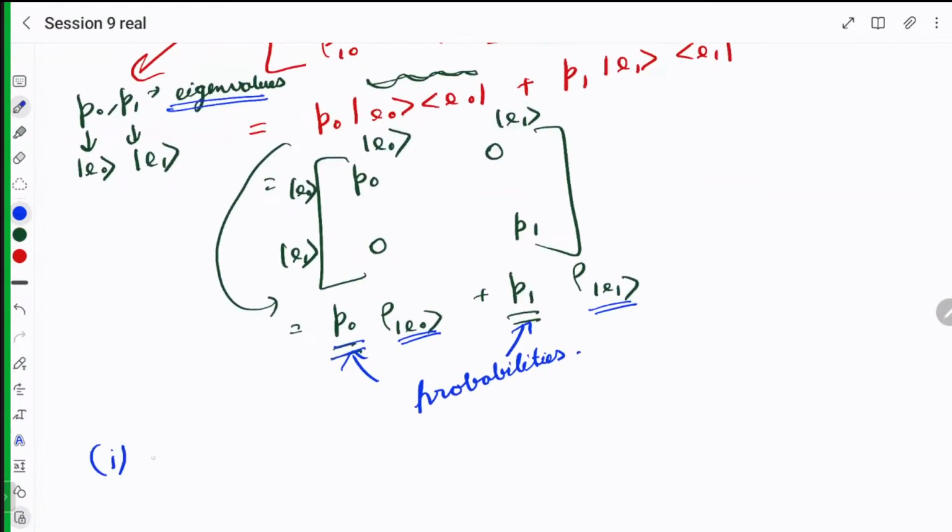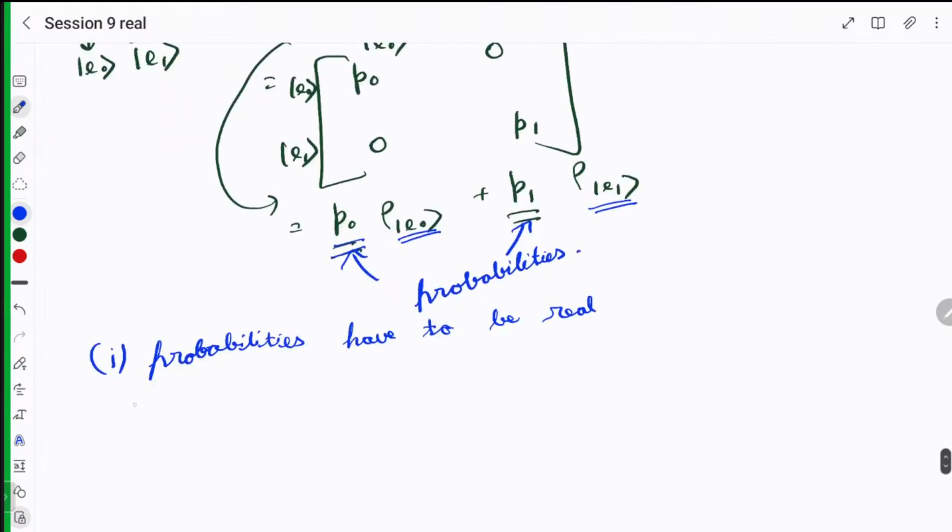So let's see, probabilities have to be real, which means that eigenvalues have to be real, which means that rho has to be Hermitian.